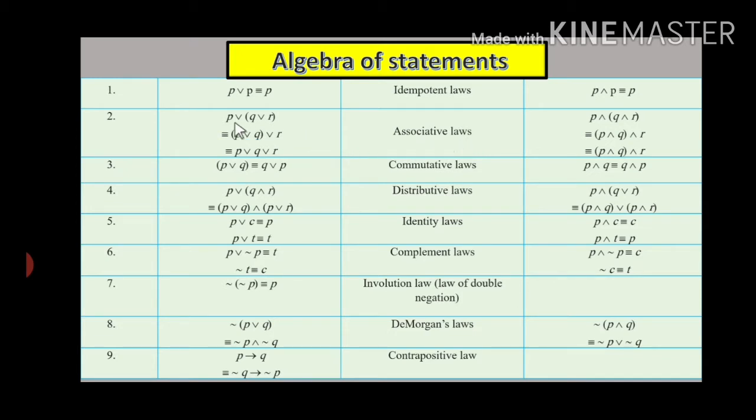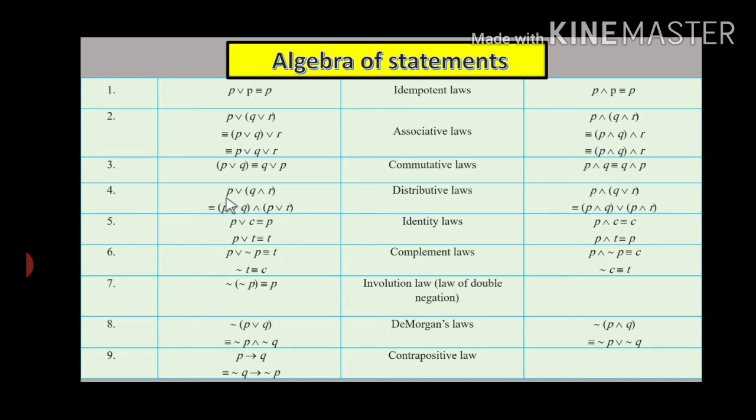Now, if these connectives are not of the same kind, then what rule will you apply? That is given in the distributive law. See over here. P or (Q and R) is the same as (P or Q) and (P or R). What they have done here?